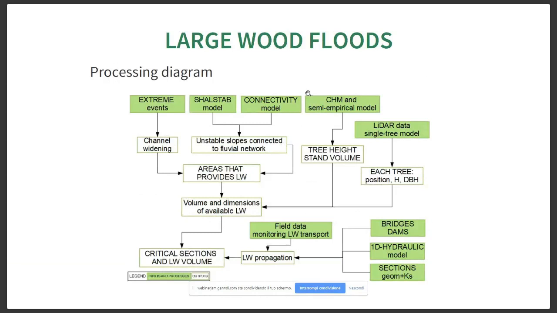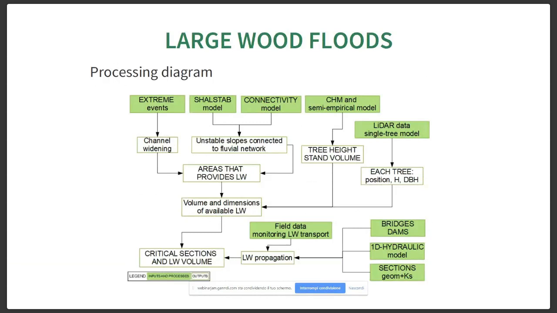And besides this, we have to evaluate the vegetation parameters. The vegetation volume and dimension of available wood can be evaluated using two different approaches. The first one is the analysis of a canopy height model with a semi-empirical model, or the analysis of high-resolution LiDAR data following a single tree model, which extracts each single tree position, height, and diameter.